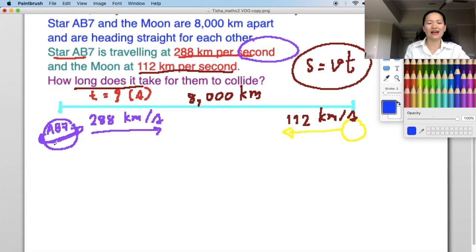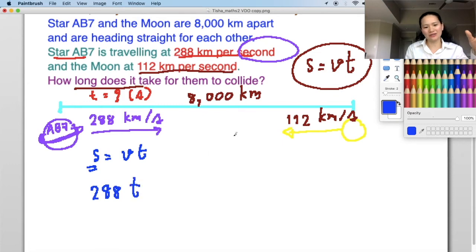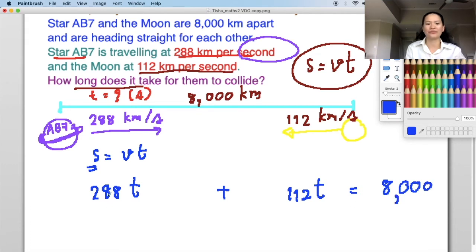For the star AB7, S equals VT. I would like to find S first. So 288 multiplied with T, plus, for the moon, S equals VT as well. The distance of the moon is 112 multiplied with T, and all of the distance together is 8,000 kilometers.